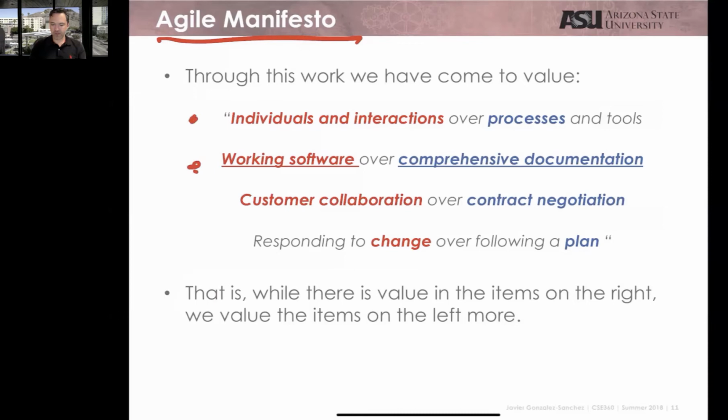1, 2, 3, 4 things that you need to remember. And why? Probably you're going to be doing a project as part of your next courses. Probably you're going to be doing a capstone project. Probably you're going to be developing software for something, working with a team.